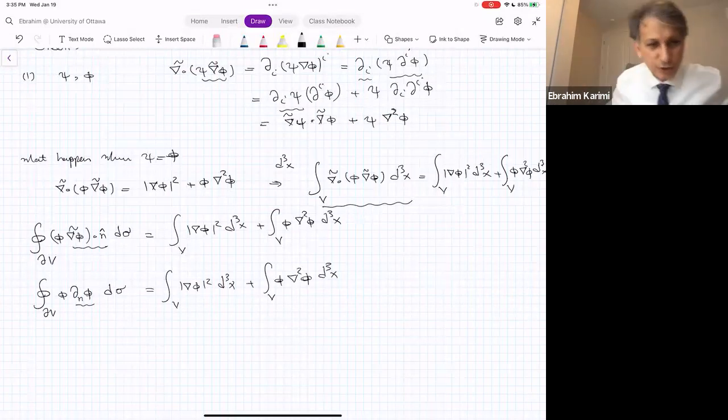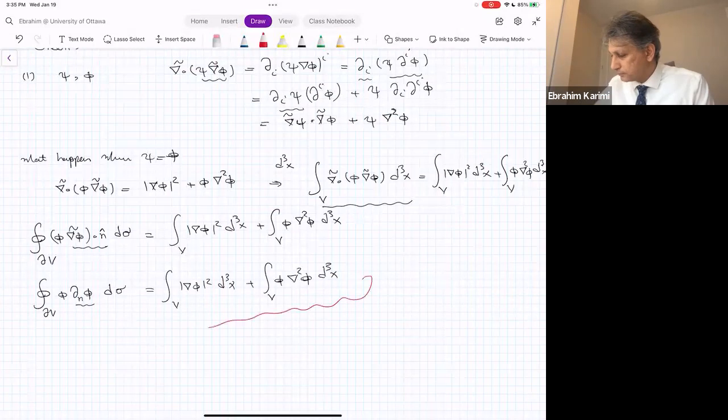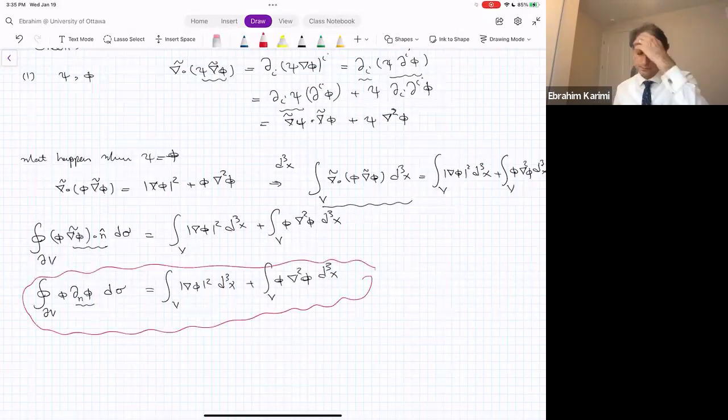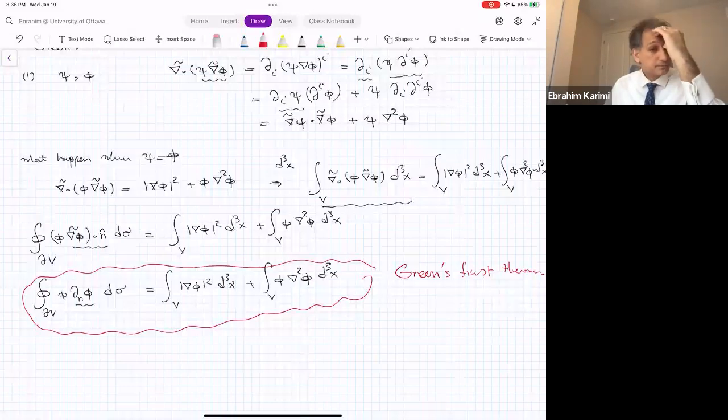These are beautiful equations. We call this Green's first theorem. I will be using it later on.